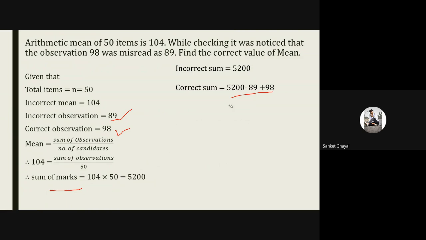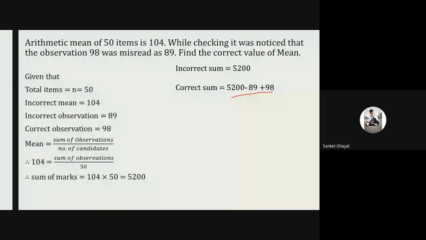So find out what is the correct sum, then find out the mean. Yes, we got the correct sum. Find out the correct mean. Right, 5209.